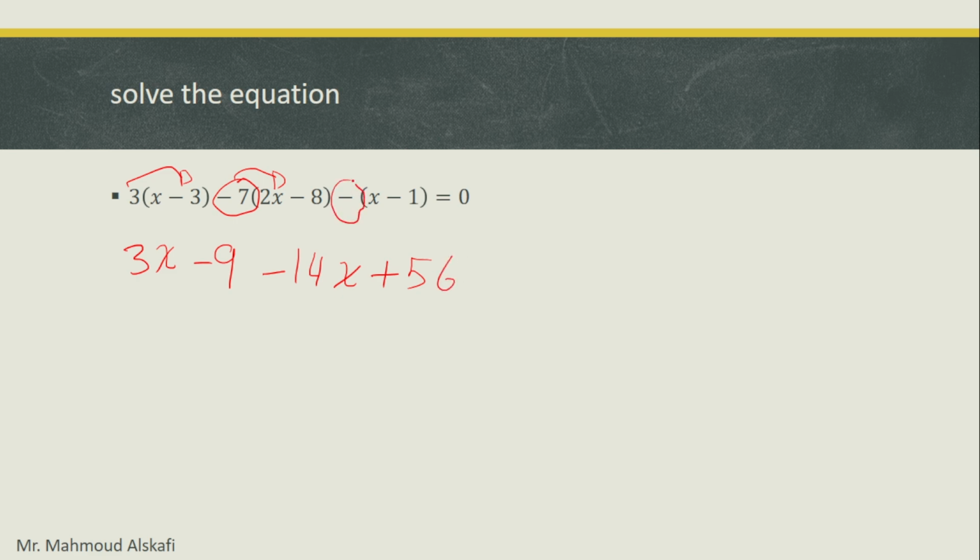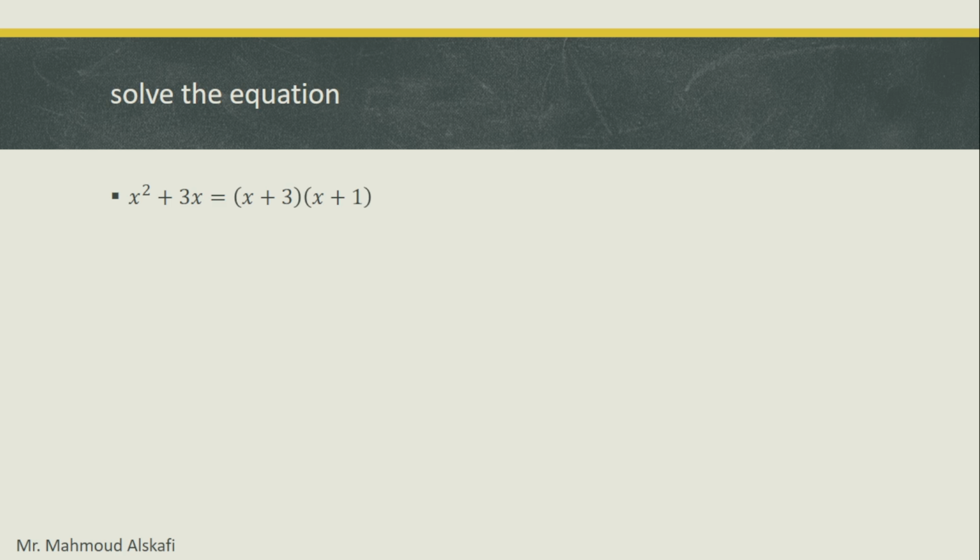And now here, if we have a minus and a bracket, we should expand it. So we need to change the signs of the coefficients, which will be minus x plus 1 equals 0. And complete it. You need to collect the x terms and collect the numbers. After that, solve it.